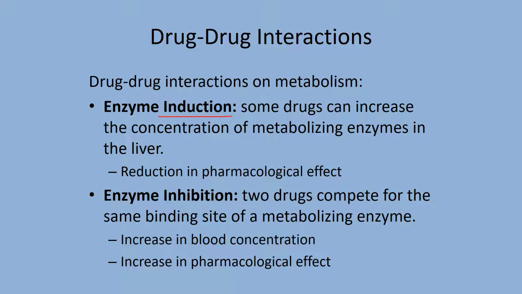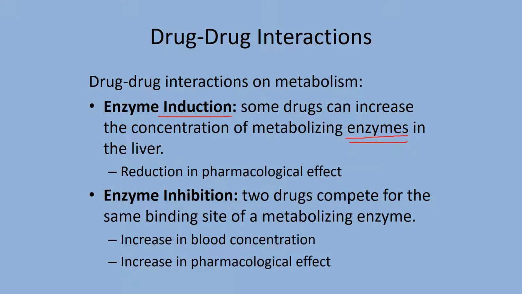Enzyme induction. So if you always have a drug in your system, your body's going to adjust. Your liver's going to say, hey, there's always this chemical in the environment. I always have to break it down. So why don't I make more enzymes in preparation to break down that drug? This is a very common example with alcoholics.